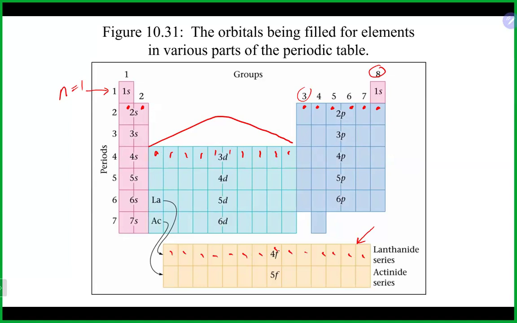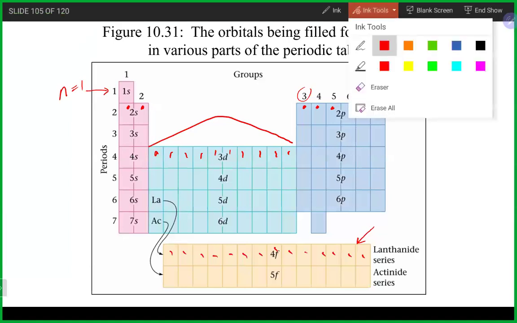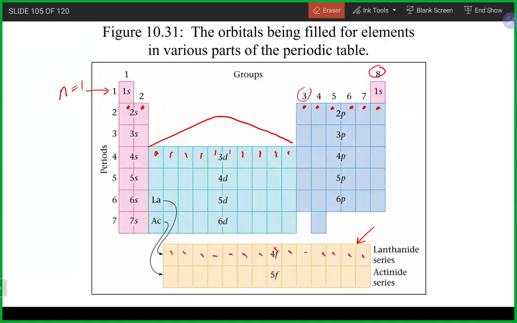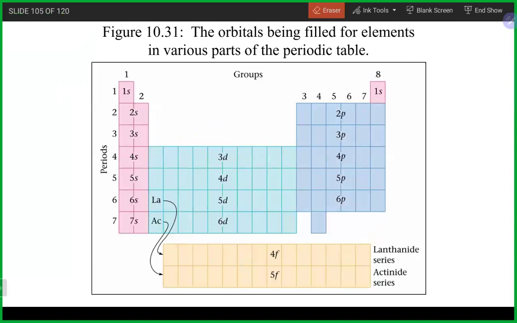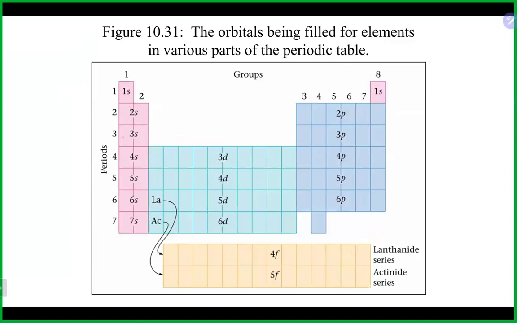For example, let me erase all this here. If we look over here, this is sodium right there in that box. If we were to count off electron configuration for sodium, you would start up here at period 1. Right here would be 1s2 to get to helium.